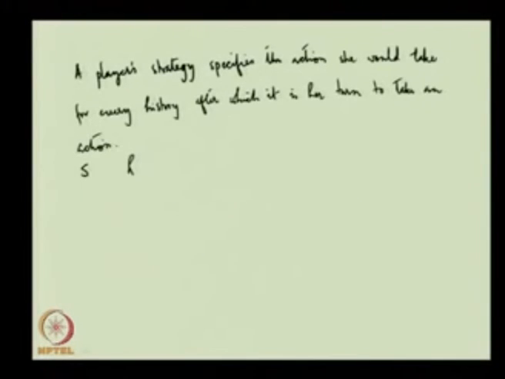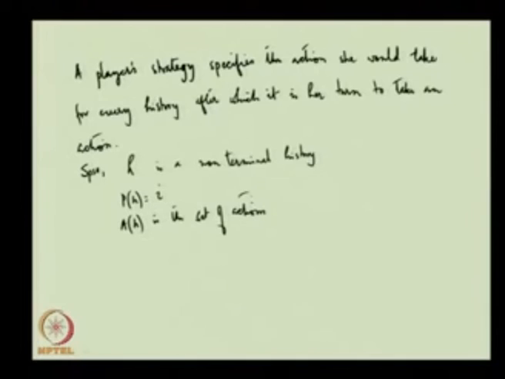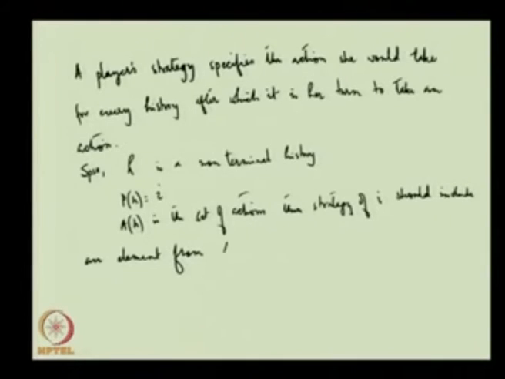So, suppose H is a non-terminal history and suppose P(H) is equal to I and suppose A(H) is the set of actions after history H has happened, then strategy of I should include an element from A(H).